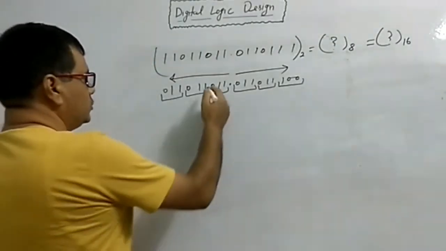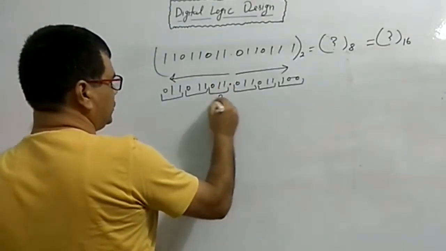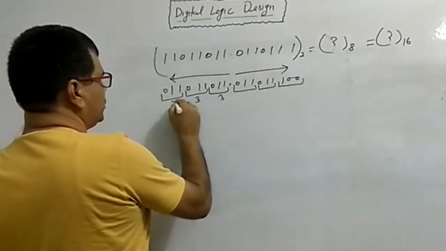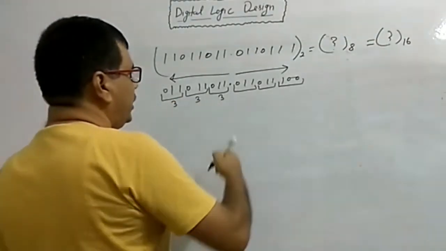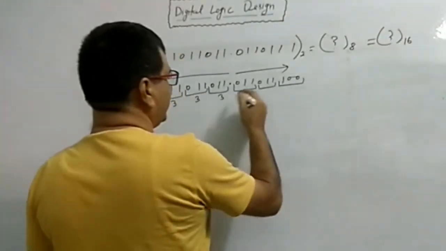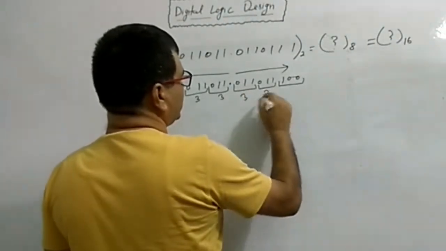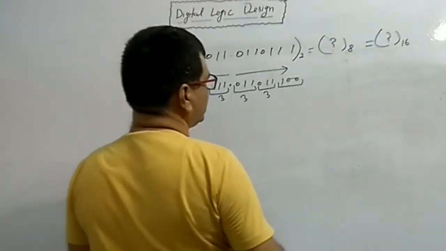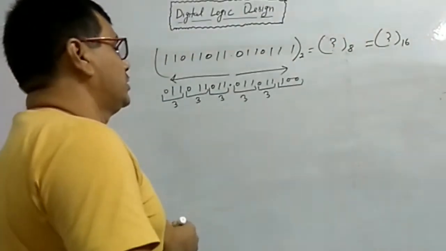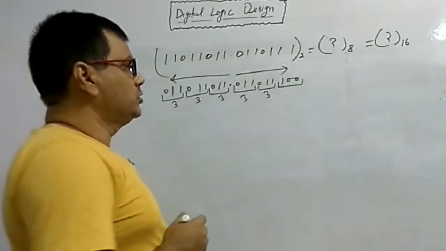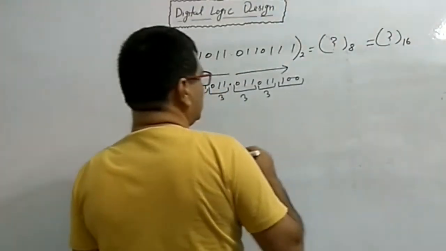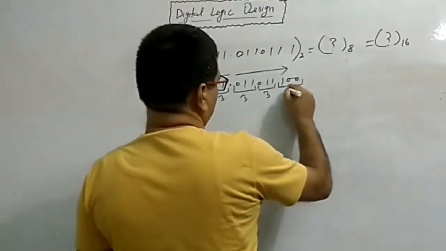Now 0 1 1 means this is 3, this is 3, this is 3, and look here, this is also 3, this is also 3, and this is a 4.